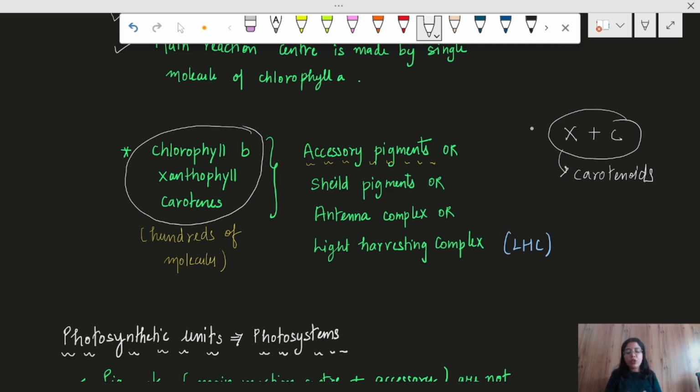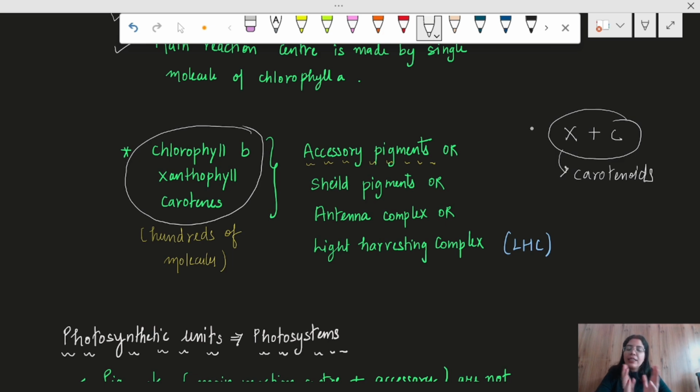So what have you understood? You have total four pigments in the leaf: chlorophyll A, chlorophyll B, xanthophyll, carotenes, right? Chlorophyll A is the main reaction center pigment, right? A single molecule of chlorophyll A makes the main reaction center, and it is universally occurring in each and every photosynthetic organism. Then the rest three, they make a particular complex which is called light harvesting complex.